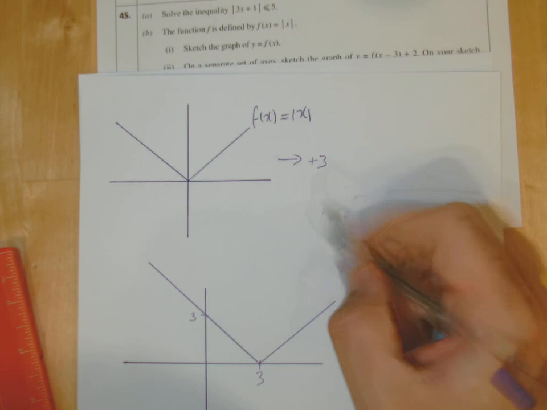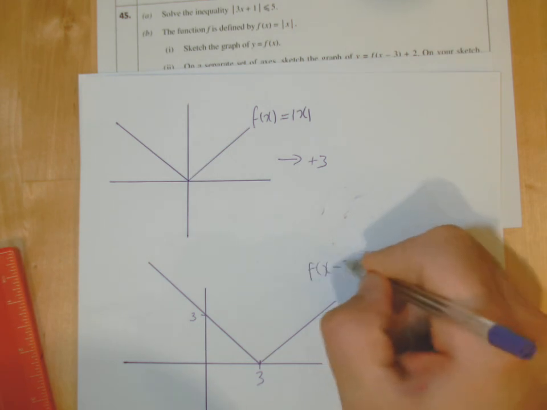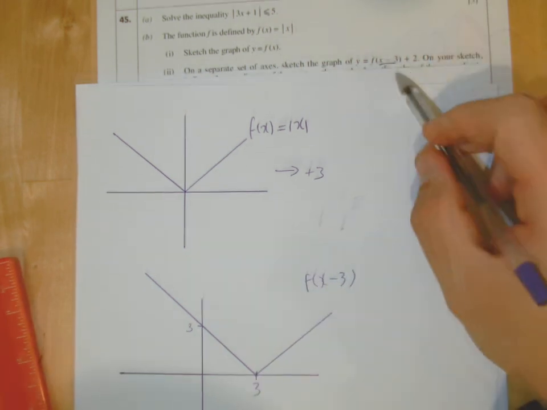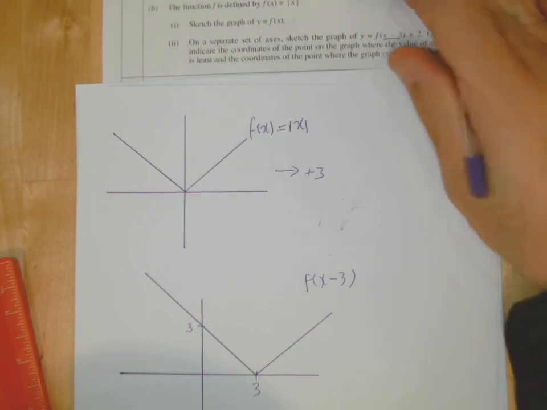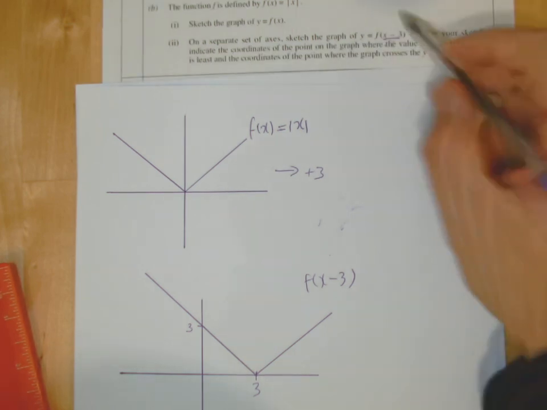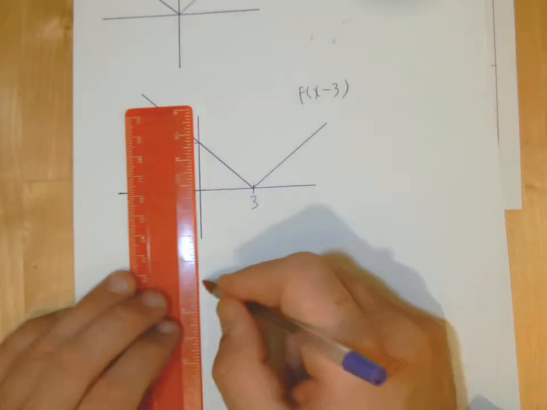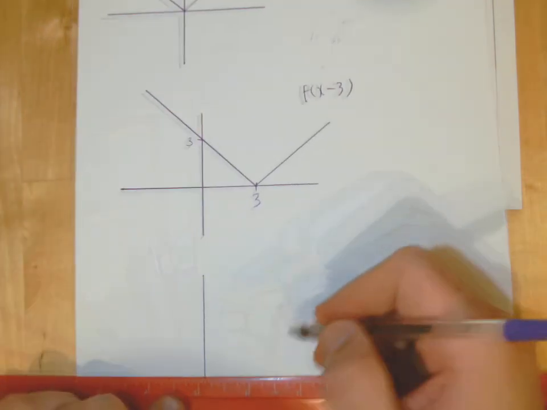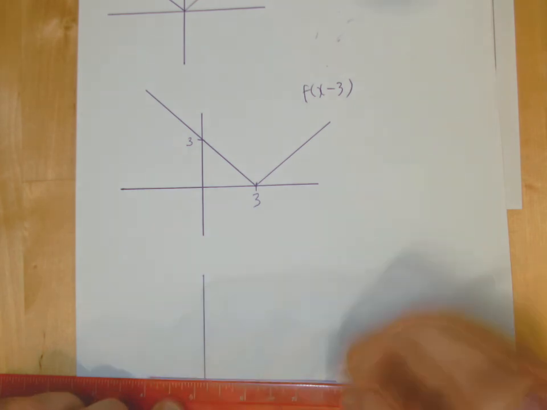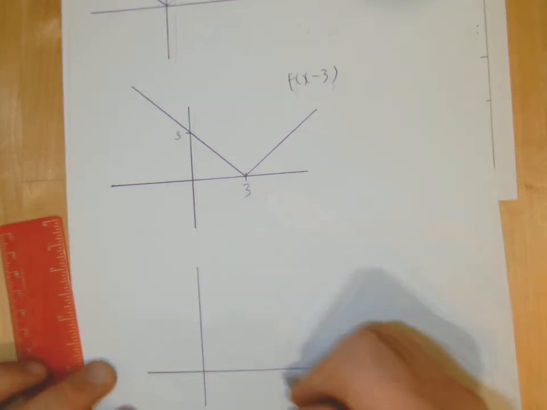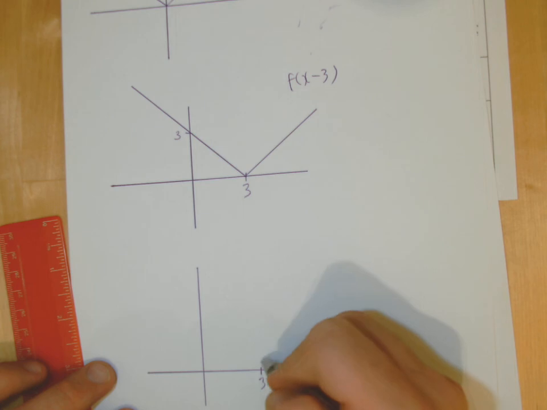So there is your f of x minus 3. Now we've got to do f of x minus 3 plus 2. So we've got to shift this graph up now. When it's plus 2, then we need to shift it up 2. Well, that minimum now stays there, so the x value stays the same, but it gets shifted up 2.